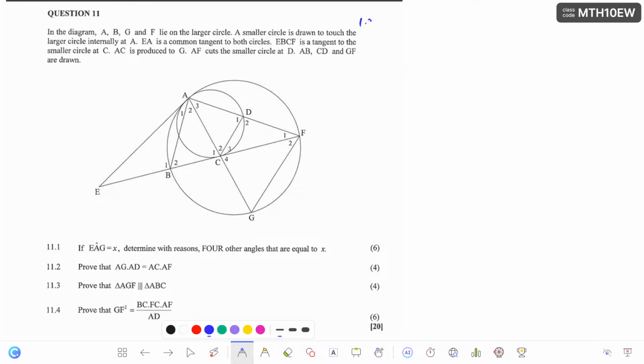So 1.1.2, they said prove that AG times AD is equal to AC times AF.